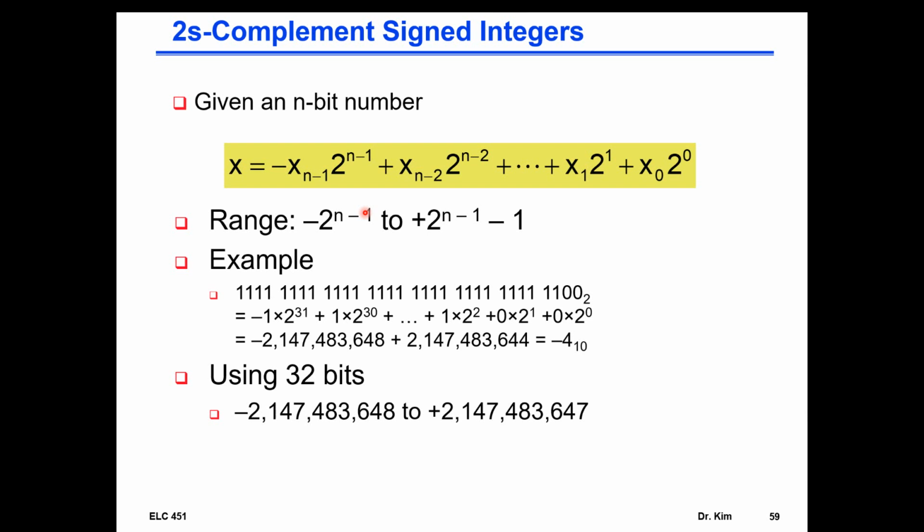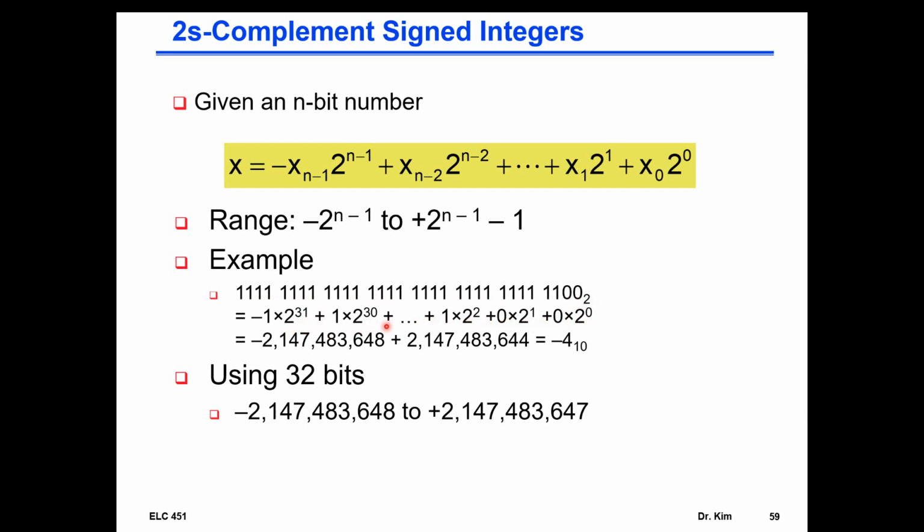And the largest positive number is when this bit is 0 and all the other bits are 1. And that would be 2 to the n-1 minus 1. So in this case, if you look at this here, all these bits are 1. That would be the sum.